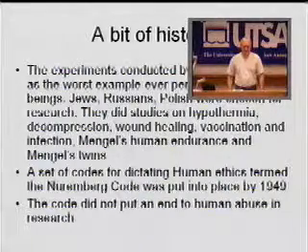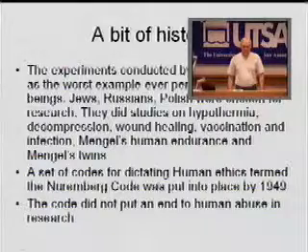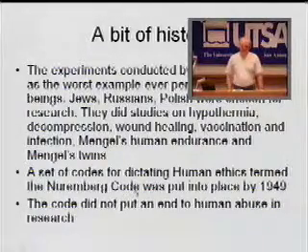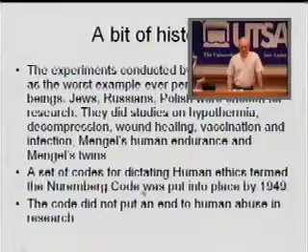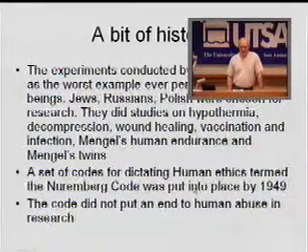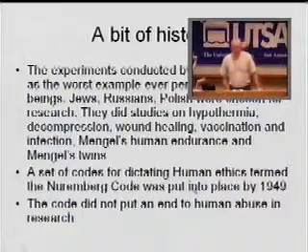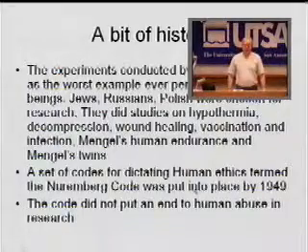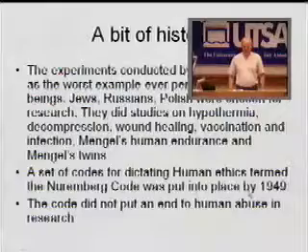A set of codes for dictating human ethics termed the Nuremberg Code was a positive outcome from this and established a worldwide standard and a set of regulations from which penalties could be administered.